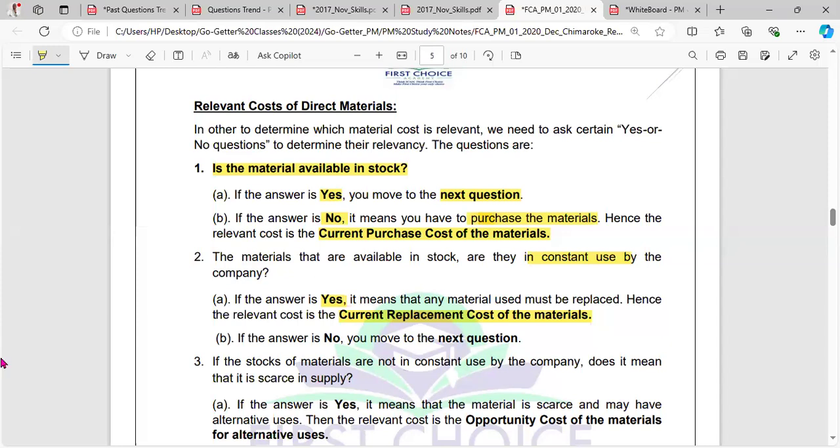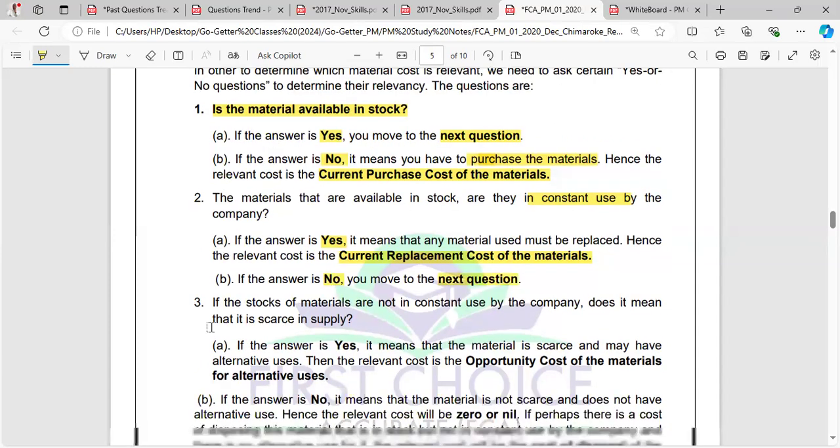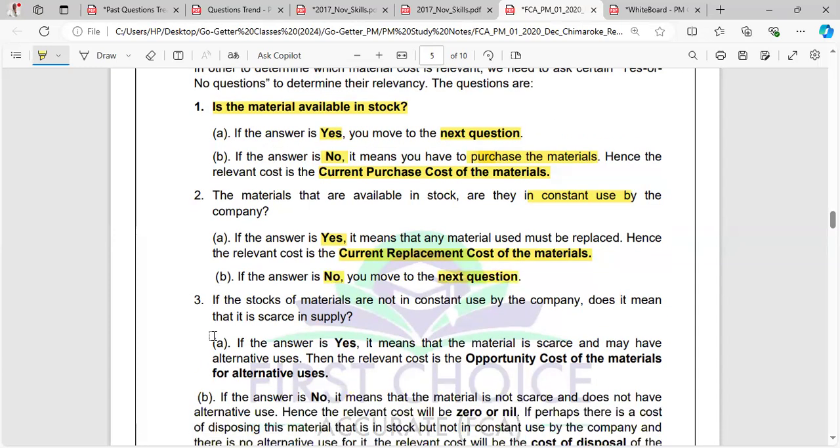So it could be the same cost, but look at the technical names given to it. Now, assuming that it is not being used constantly, then you are answering no. You move to the next question, and that's the final question. The final question is: this stock of materials that is available in store but is not used constantly by the company, does it mean that it is scarce in supply?